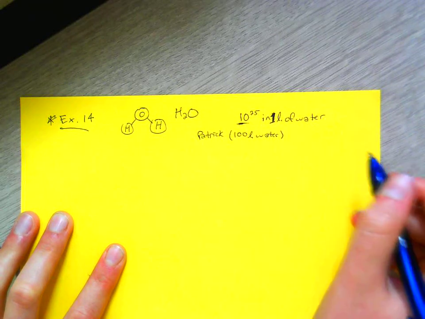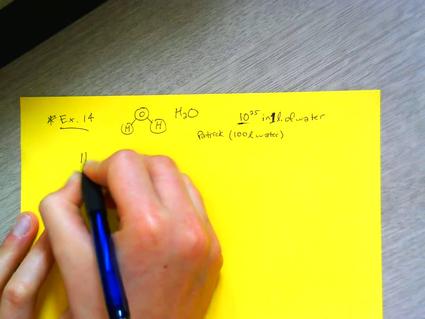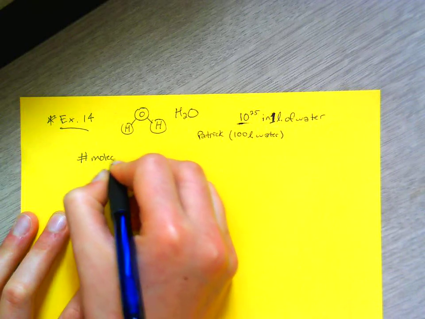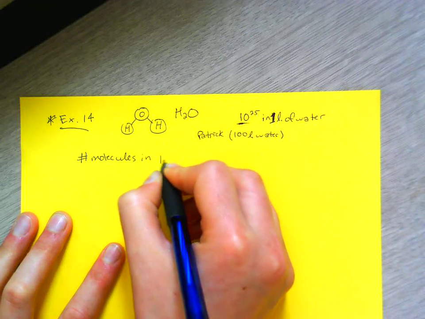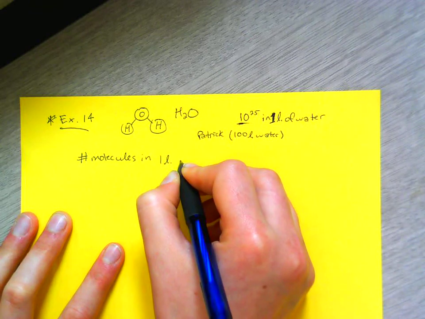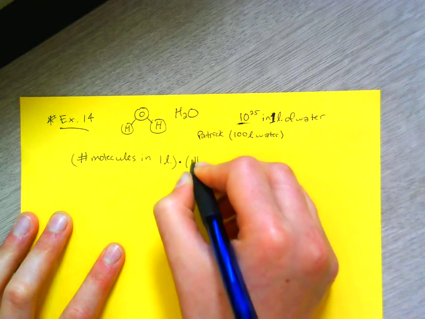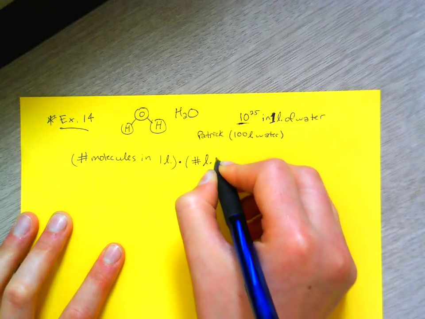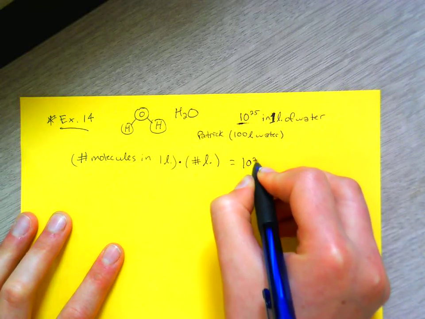So you're going to write number of molecules in 1 liter. We're going to multiply that times the number of liters that we have. This is 10 to the 25th power times 100.